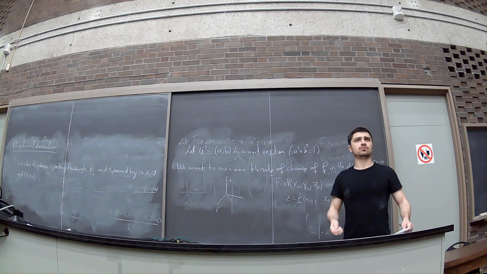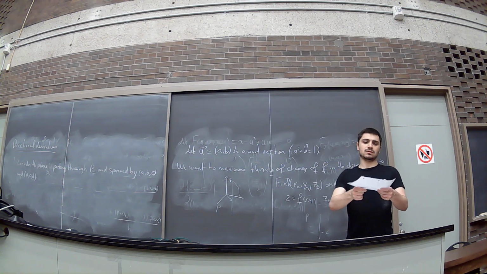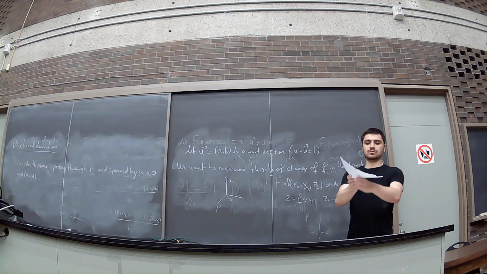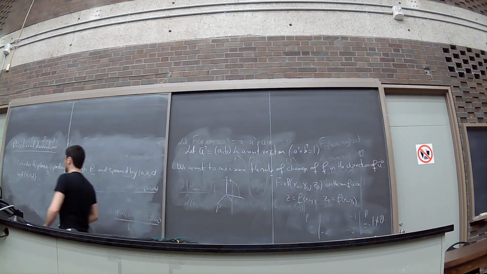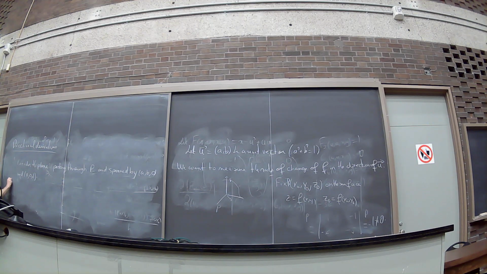I mean, this you don't have to know, this is just a motivation. Now, let (x, y, z) be a point on the curve of intersection.